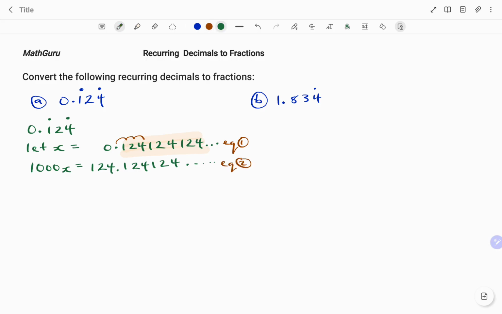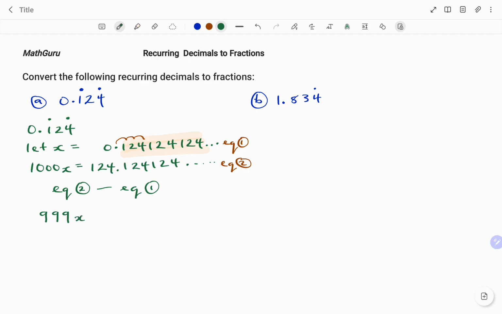Therefore, I subtract equation 1 from equation 2, since equation 2 is the one with the highest value. On my left hand side, I'm going to have 1,000x minus x, and that will give me 999x.